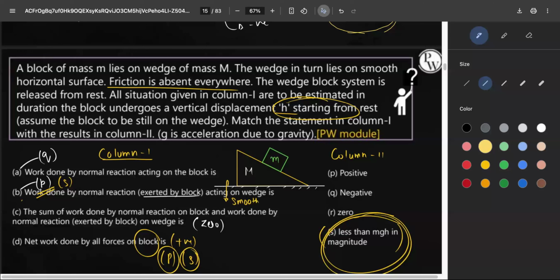So shouldn't option A be zero? Wait, work done by normal reaction acting on the block in this case.